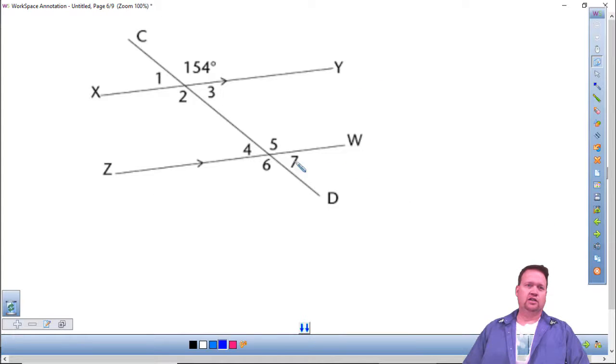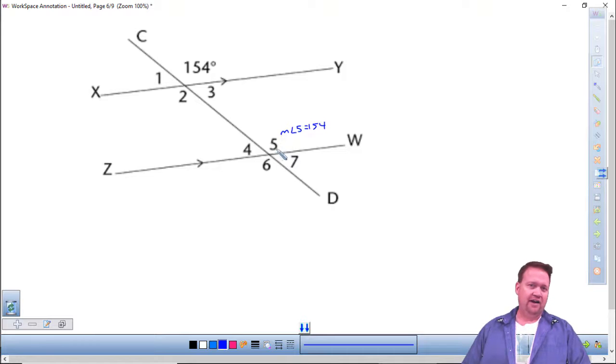Now if I take a look at this drawing here, I can find the measure of every other angle if I only know one angle. You see, this is 154 degrees, and it's in a corresponding position. It's on the top, on the right side of the transversal, as this one right here. So the measure of angle 5 is also 154.